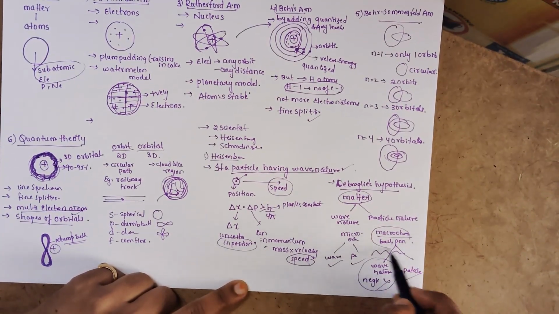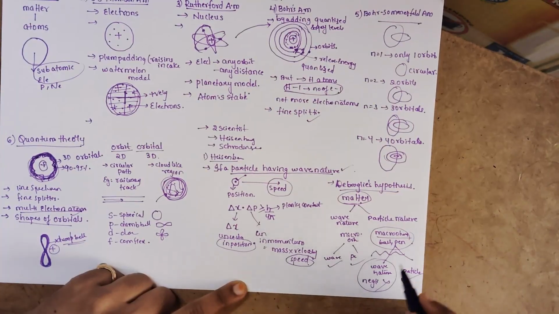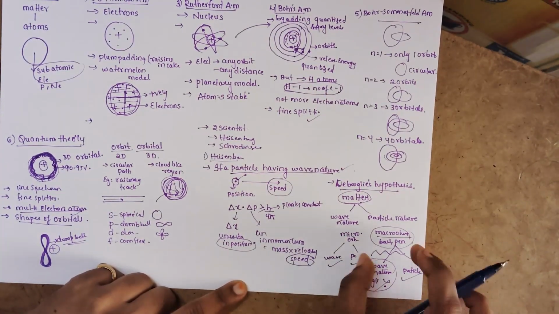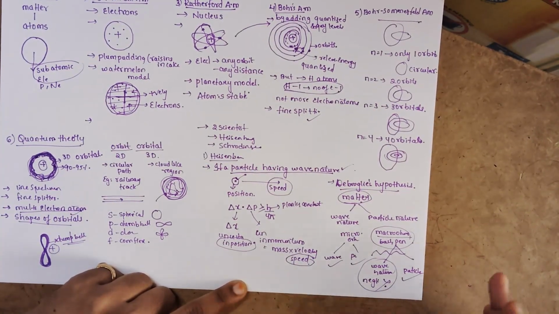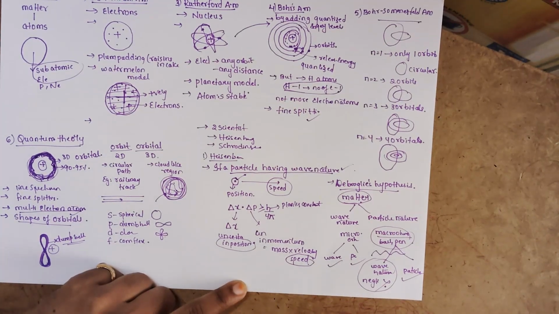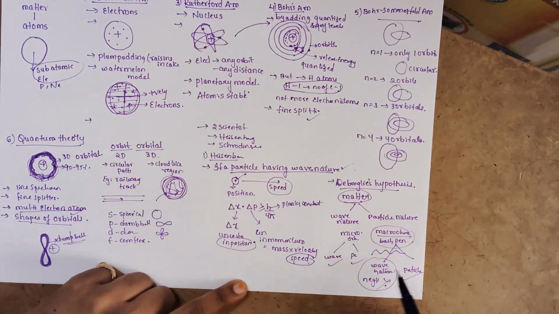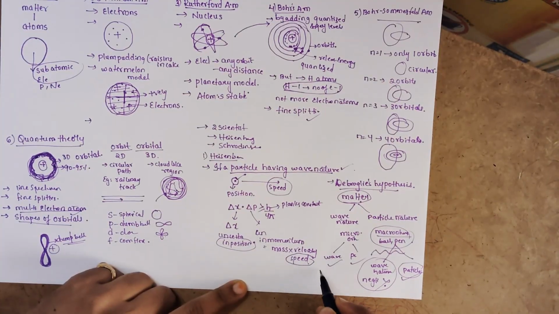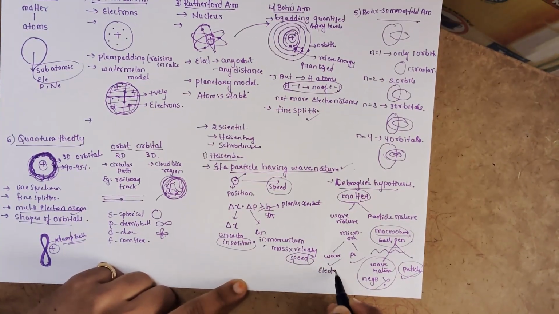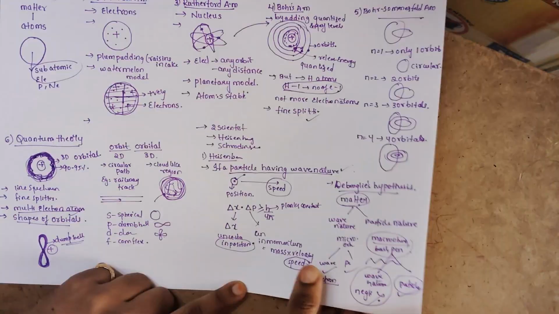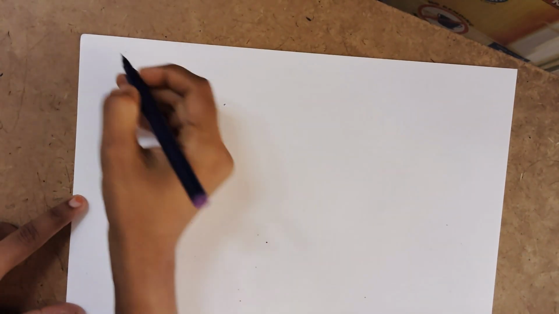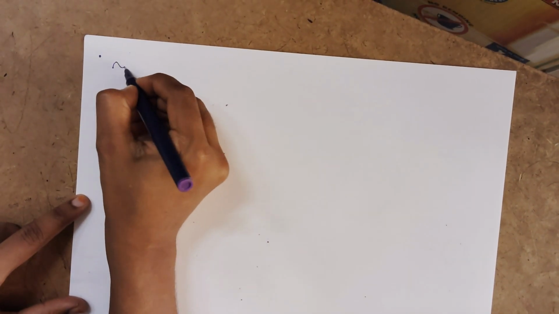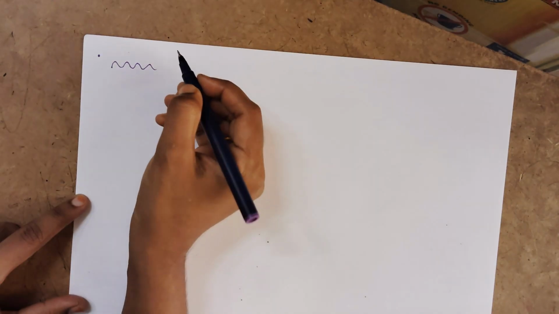So for macro objects like a pen or ball, the wave nature is negligible, so if we throw it to a particular target, it goes directly there or somewhere near that. It acts like a particle. For micro objects like electrons, if we take this electron, it already moves in the form of a wave.